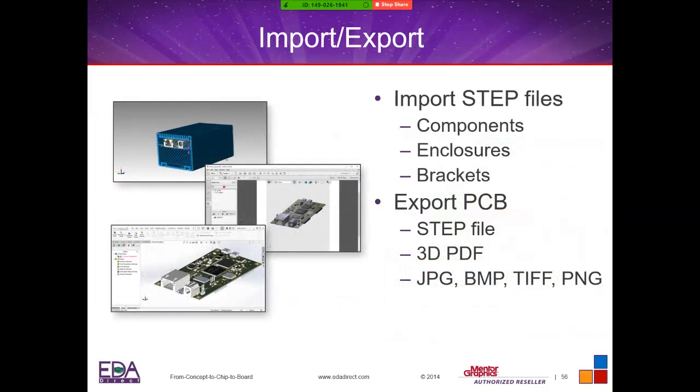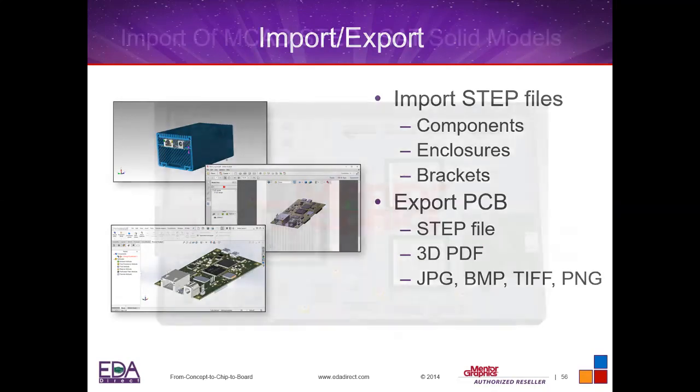So we can import STEP models. Like I said, we can import the enclosures, components, heat sinks, brackets, things like that. And we can export out STEP models, 3D PDF, JPEG, BMP, TIF, PNG files as well.